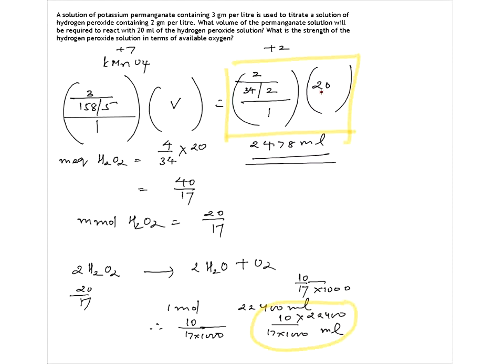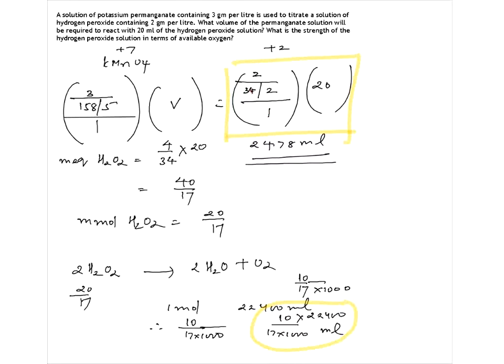This V is in ml. Now for the normality of hydrogen peroxide, 2 grams are there in 1 liter, so the liter is fine. Equivalent weight is required. H2O2 molecular mass will be 2 plus 32, 34. 34 should be divided by what?